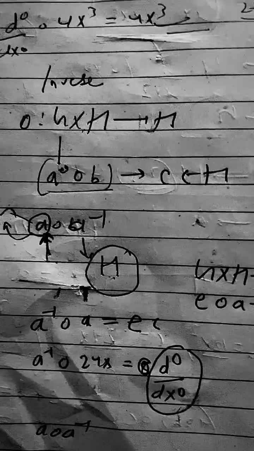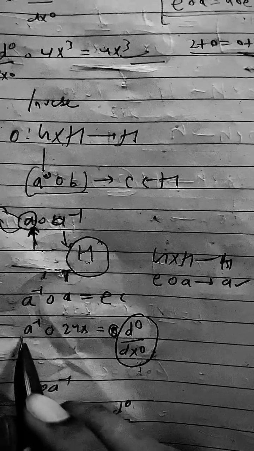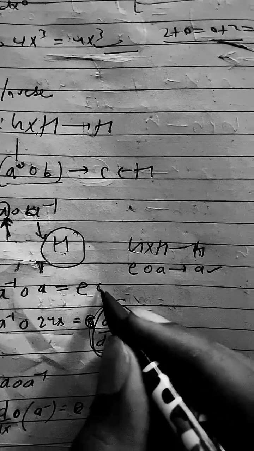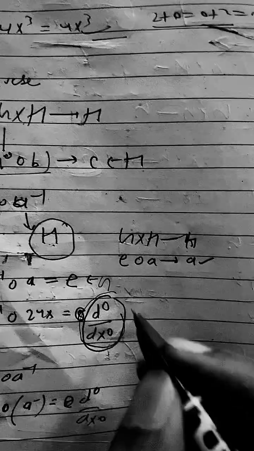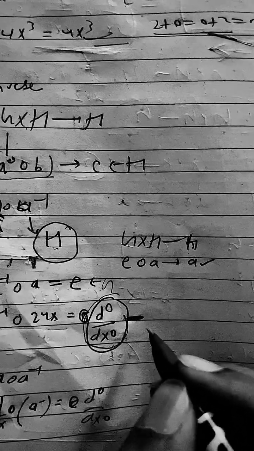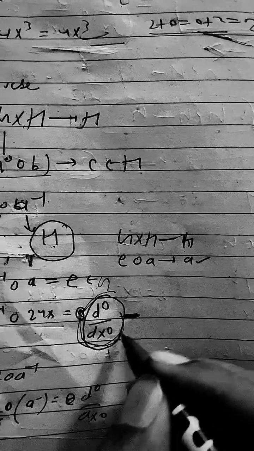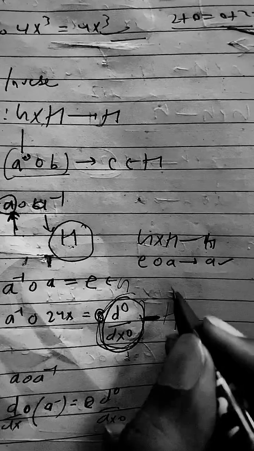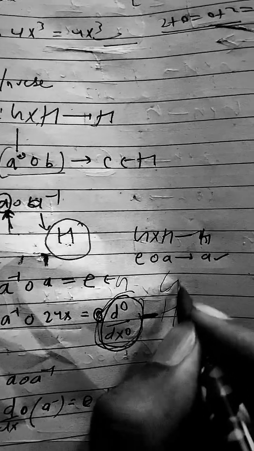That is our question. So it is not defined, because identity E belongs to set G, it does not belong to set H, right? This belongs to set G.